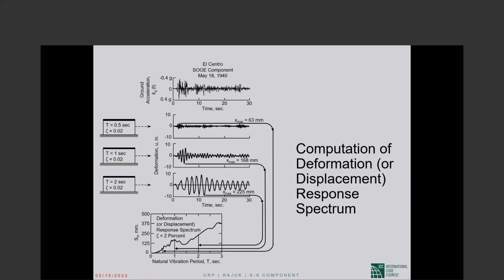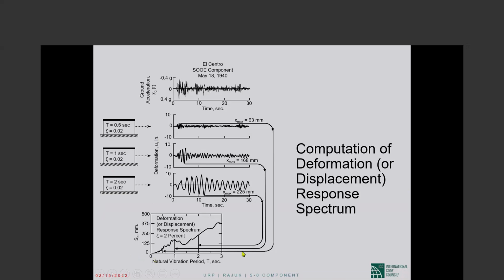Here, in this example, the displacements have increased from half a second period to 1 second period to 2 second period, but it doesn't always have to be that way. They could have decreased and increased, or increased and decreased, whatever. You have to calculate them.